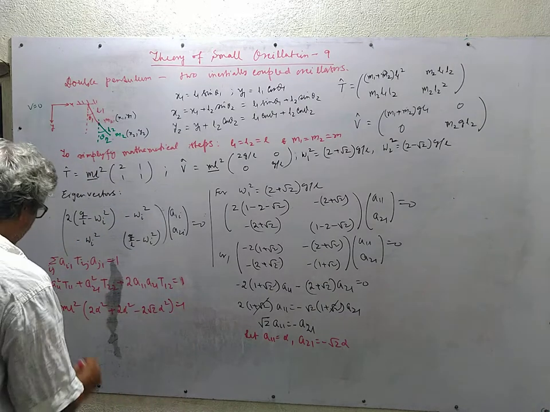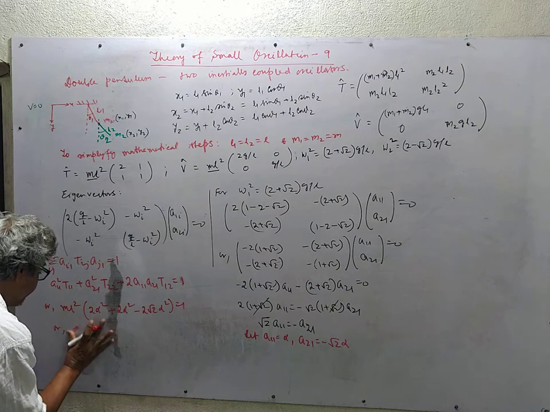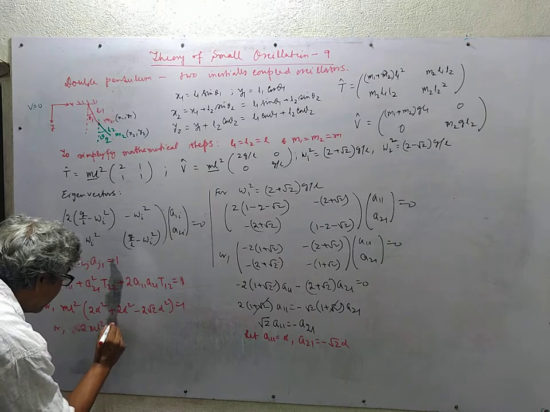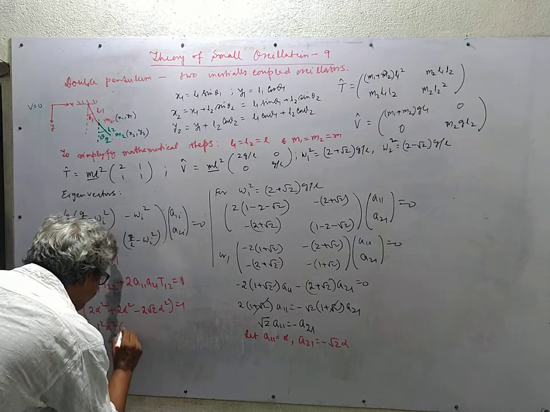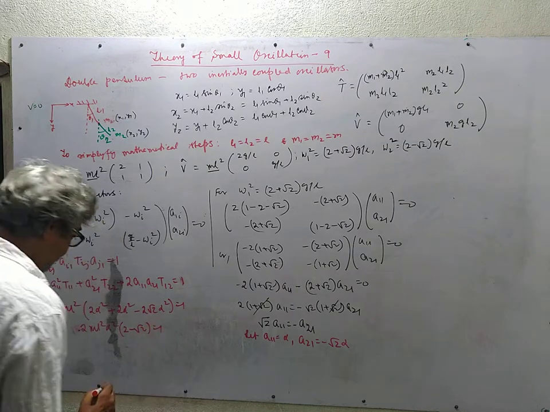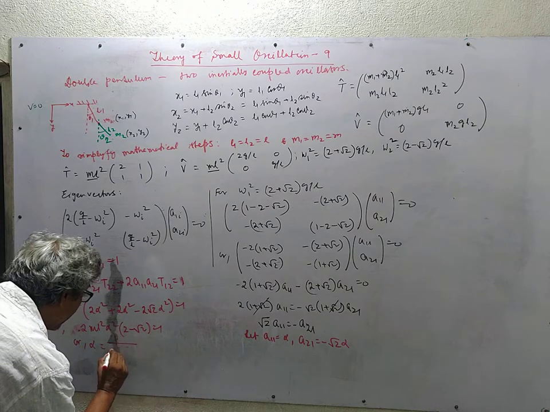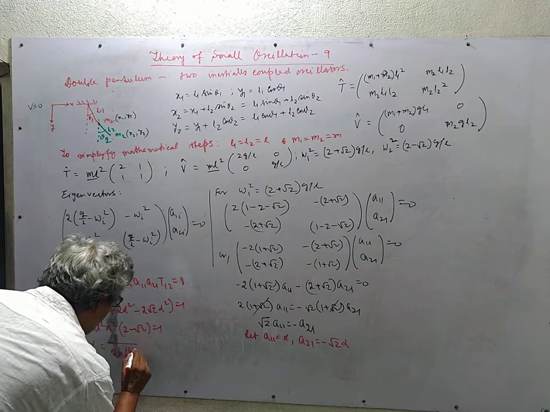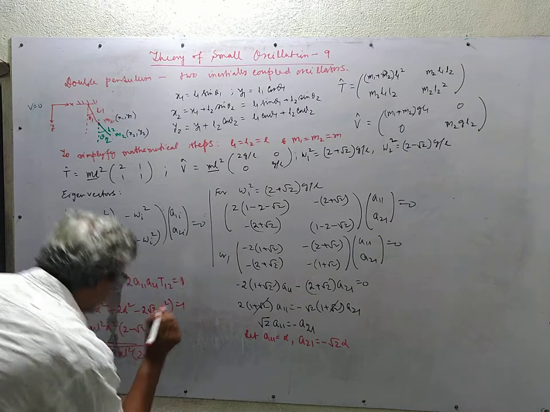So taking out common 2 m l squared alpha squared, 2 minus root 2 is equal to 1, or we have alpha is equal to 1 upon 2 m l squared (2 minus root 2), under root.